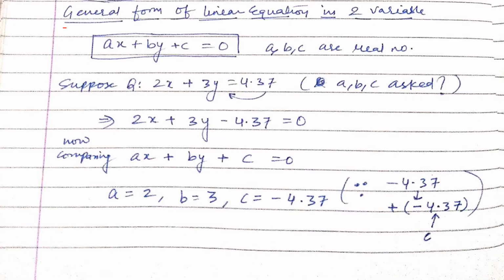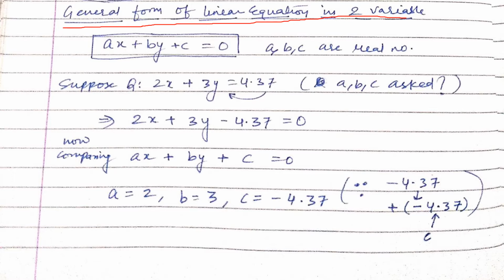Now comes the general form of linear equations. In the last slide, we have seen equations like x plus y equal to 2, x plus y equal to 3, m plus n equal to 5. All these are examples of linear equations. But what about a general form, a general structure of linear equations?